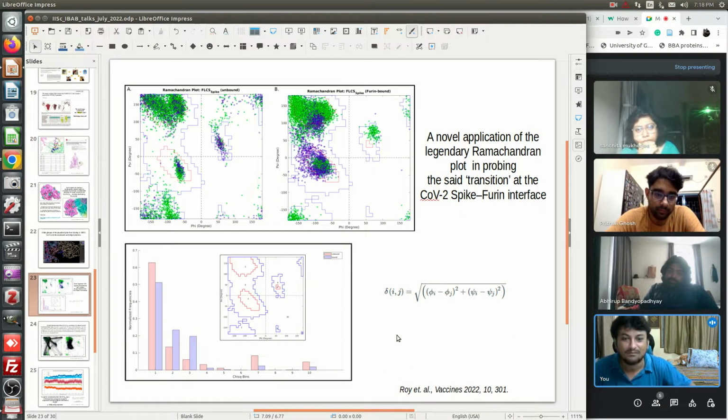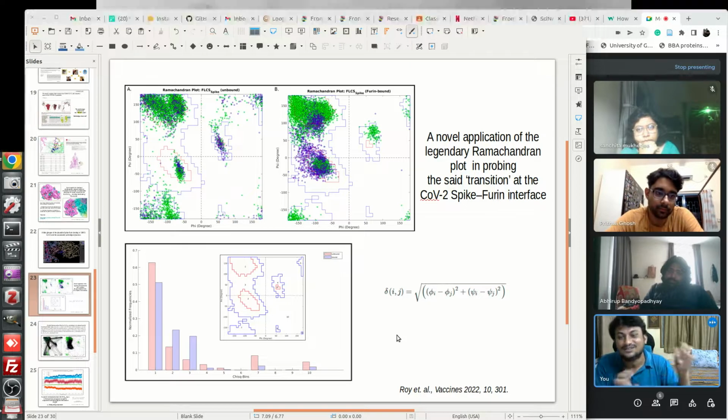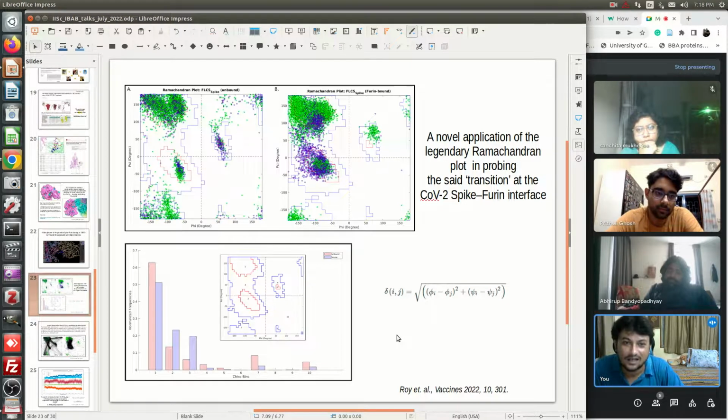I mean, there are a lot of other residues that can fill in for the salt bridge formation, if I can put it that way.